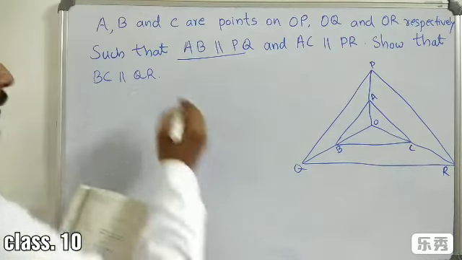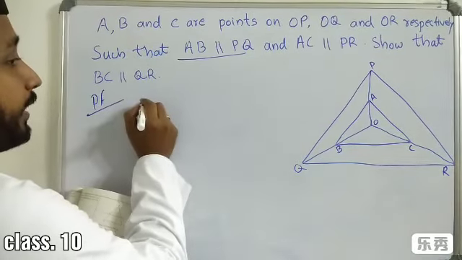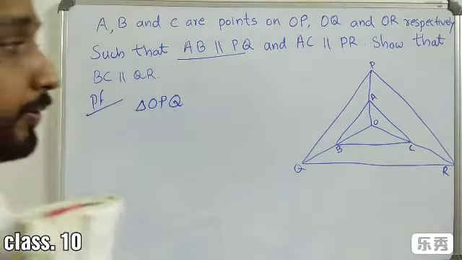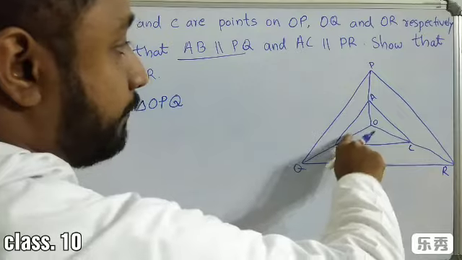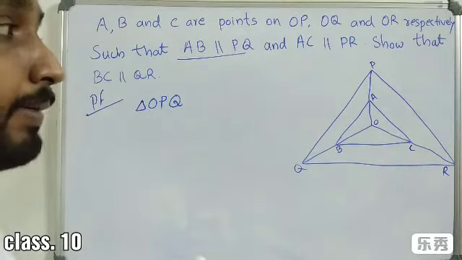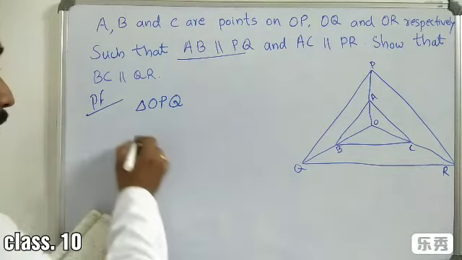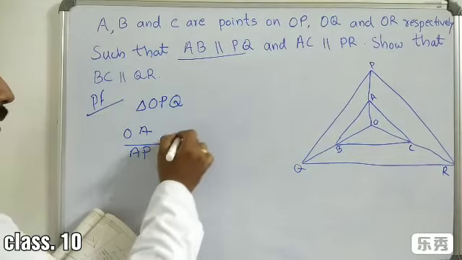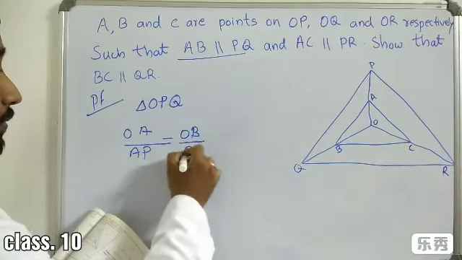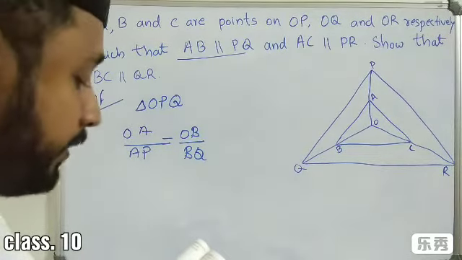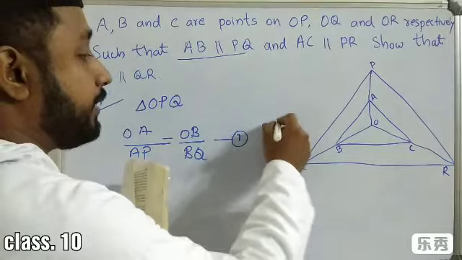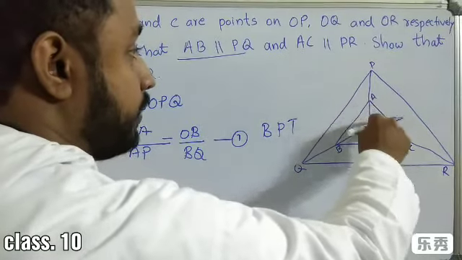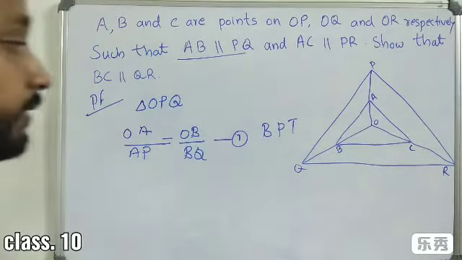In triangle OPQ, we know that AB is parallel to PQ. So we can apply the basic proportionality theorem, which means OA by AP is equal to OB by BQ.